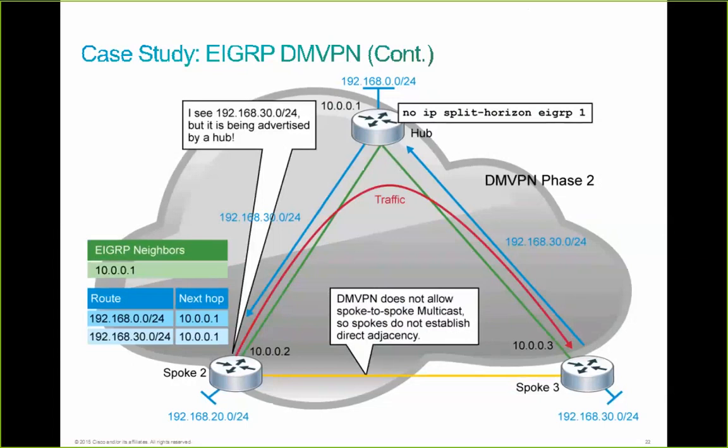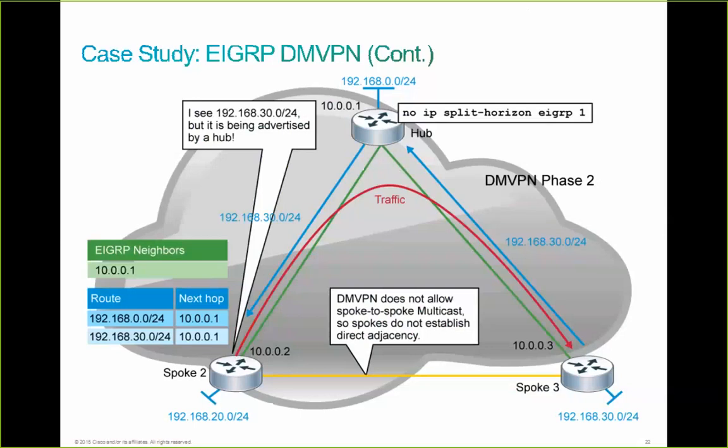DMVPN does not allow spoke-to-spoke multicast, so even if we're using phase 2 or phase 3, spoke-to-spoke multicast is never allowed, so the spokes can never establish a direct adjacency with each other. Even if you allow spoke-to-spoke communication, that's typically going to be unicast routed traffic from spoke to spoke, you're not going to be able to establish an adjacency between those routers.